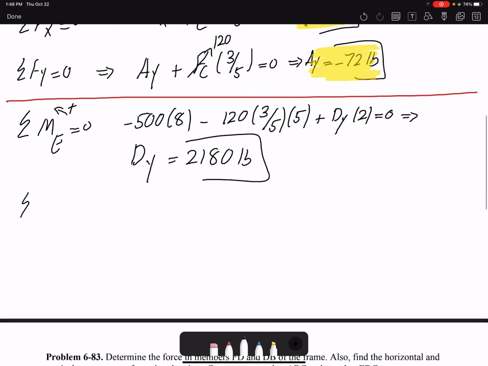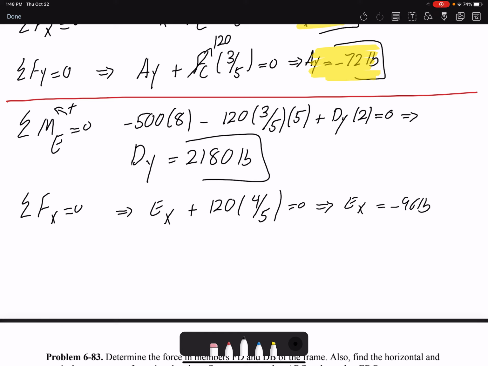So summation of forces in x equals 0. I have Ex. I have my force FC, 4/5 will give me the horizontal component. Therefore, Ex would be negative 96 pounds. Summation of forces in y equals 0.